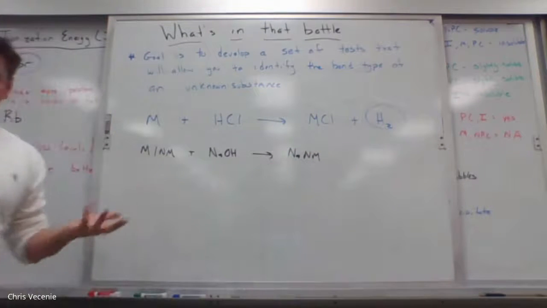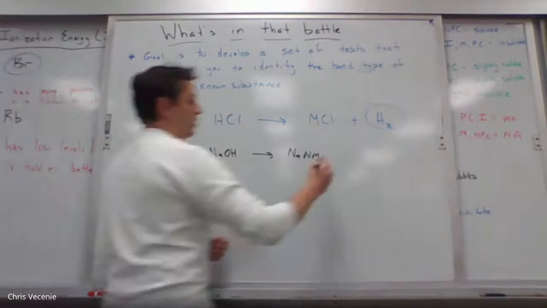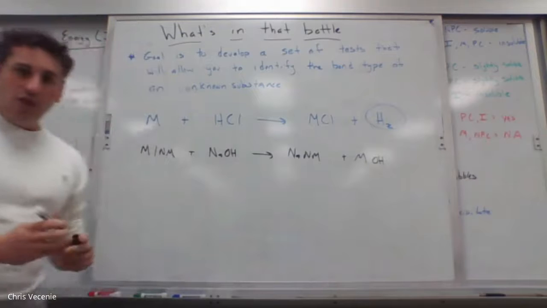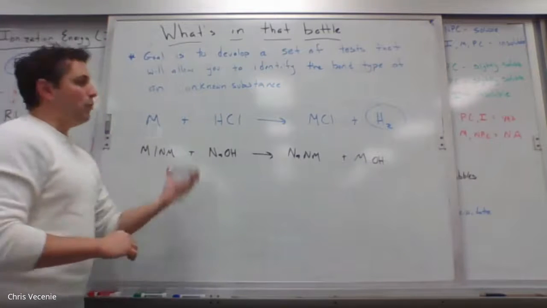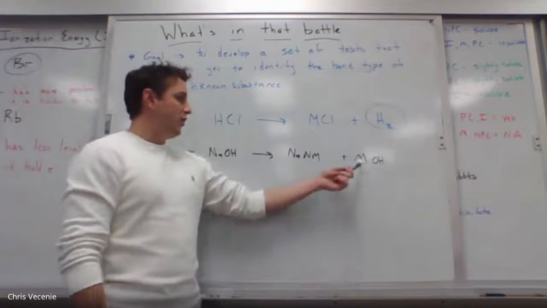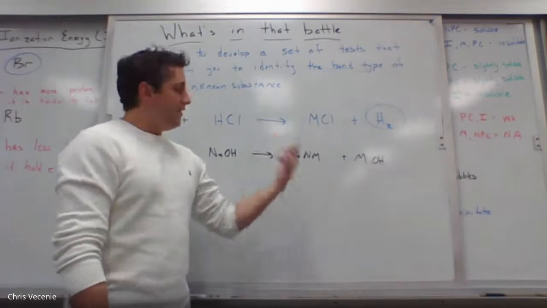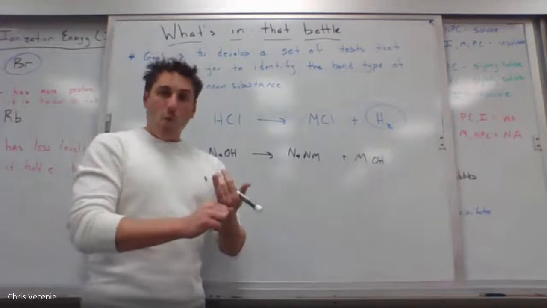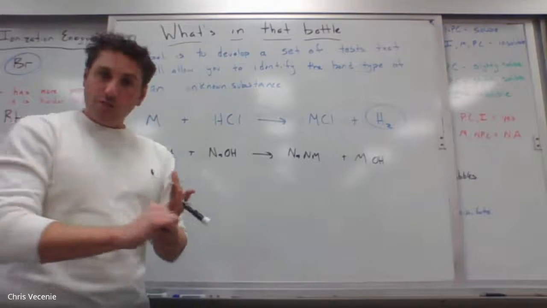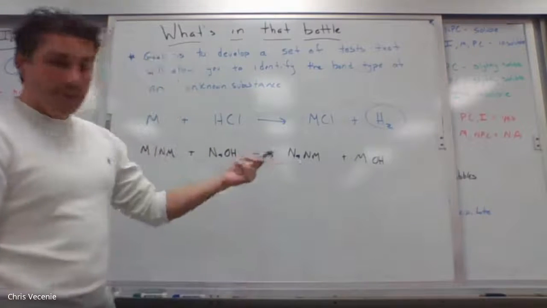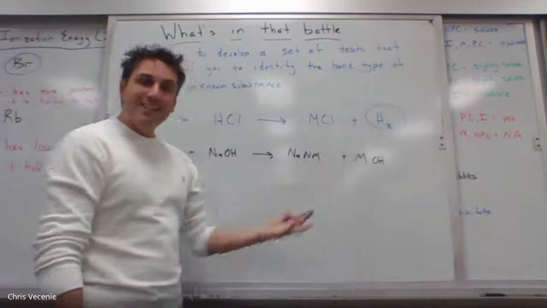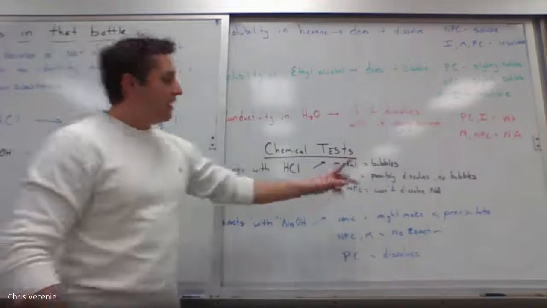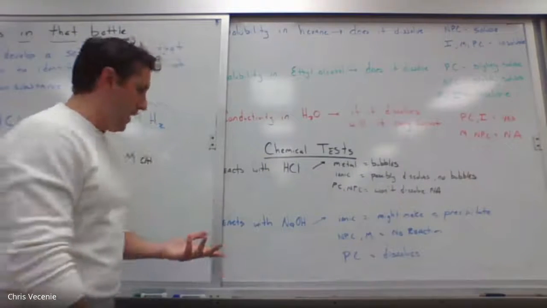Because it's group 1, it's going to be soluble, but there's a lot of metals that when I put them with OH, they are insoluble because hydroxides are insoluble. So the only time this would break down is if my metallic substance in my ionic bond was a group 1 or one of the tetris pieces from group 2. All right, so we would see a precipitate from this, and that's a sign of chemical reactivity. So if I react it with NaOH, the ionics might make a precipitate, barring those few examples.